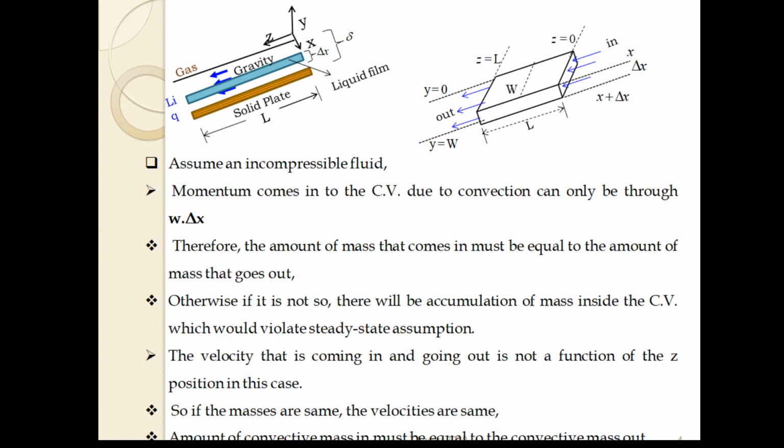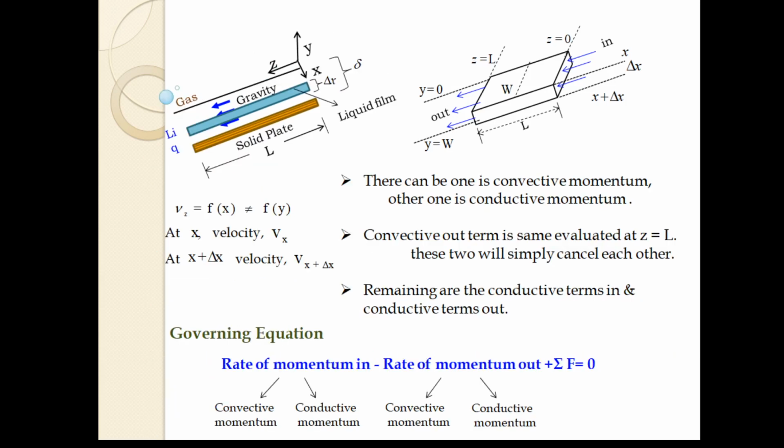There are two types of momentum that enter the control volume: one is convective momentum and the other is conductive or molecular transport of momentum. Convective momentum is due to the velocity. For conductive momentum, the molecular transport is responsible, that is the shear stress.